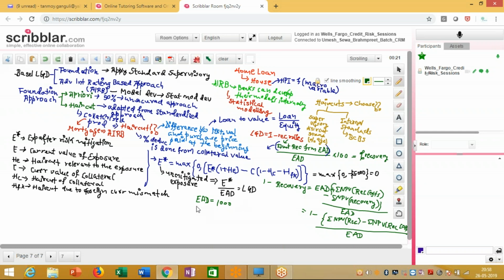So from here, the next part that you have is the net present value of the recovered, so that is, let's say, 75.